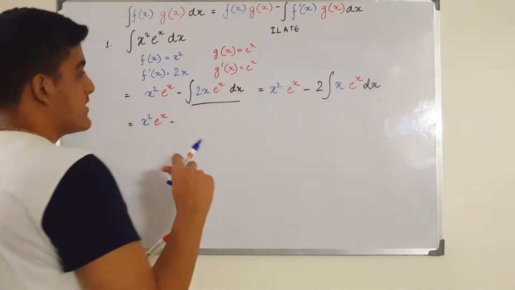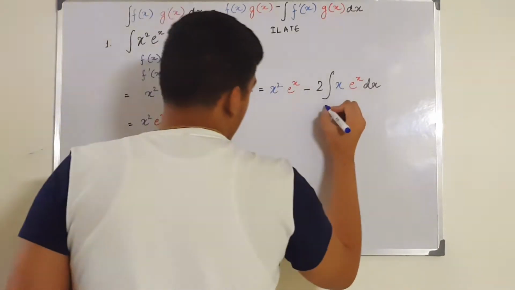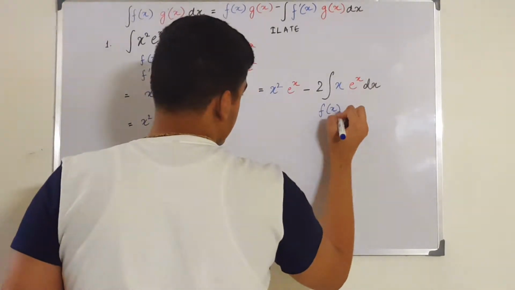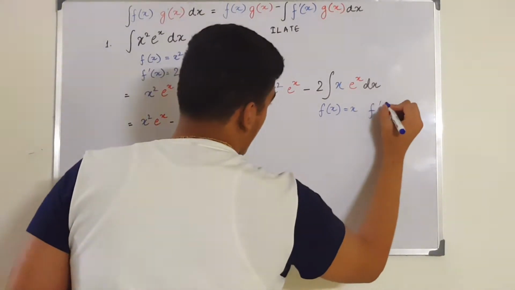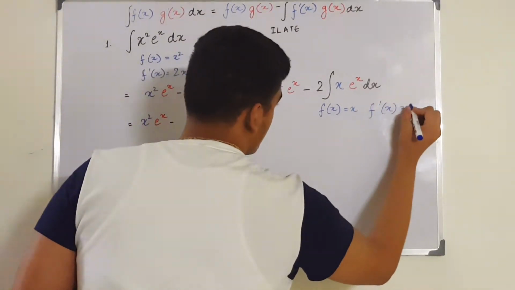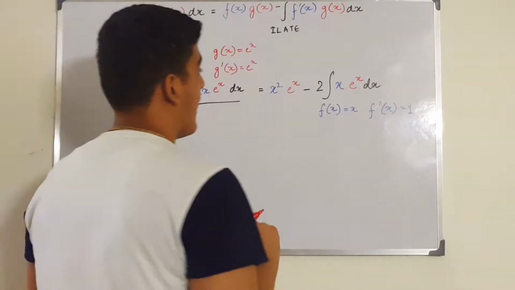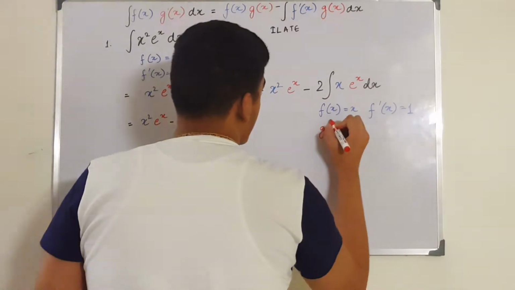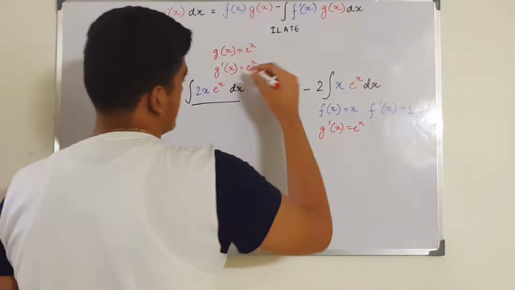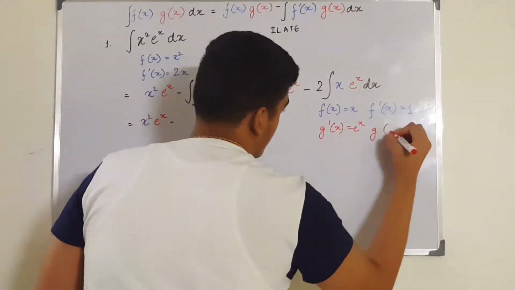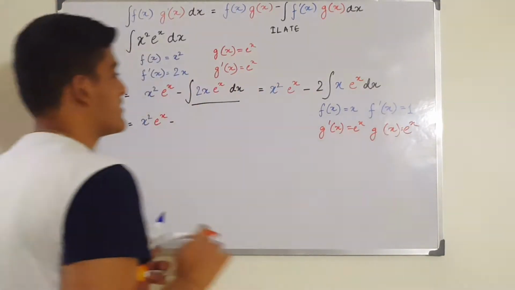So to generalize it, in this case x is f of x, and hence f prime x would be 1. We have g prime x as e to the power x, which is the same as this. So g of x will definitely be e to the power x.